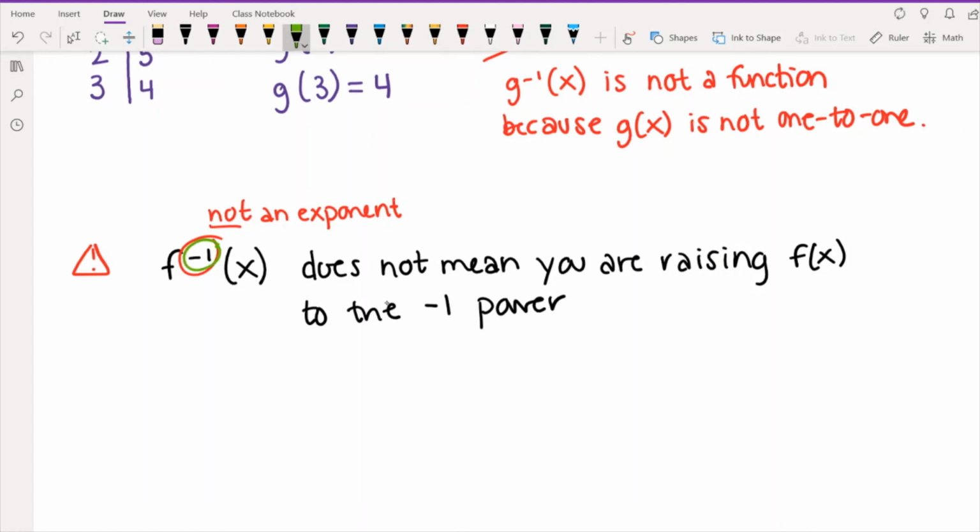So maybe I'll write that down here. It's just a symbol that means inverse. And by the way, the way you would read this out loud is you would just say f inverse of x. You wouldn't say f to the -1 of x. You would just say f inverse of x.